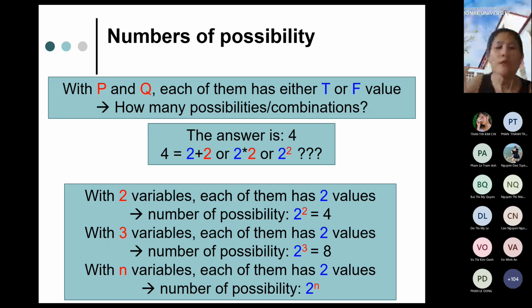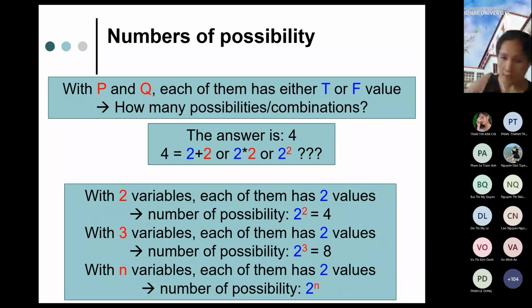Even if they increase it to n variables, we don't know how much n is, but we can have the formula to calculate or estimate the number of possibilities that we are going to make in our truth table. So that is the importance of coming up with a systematic way of listing or calculating the number of possibilities.